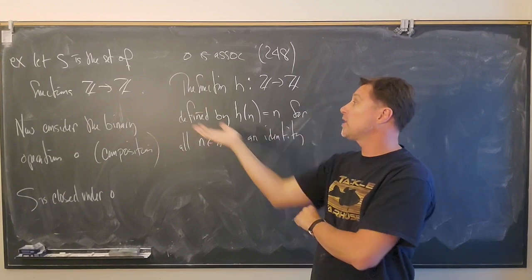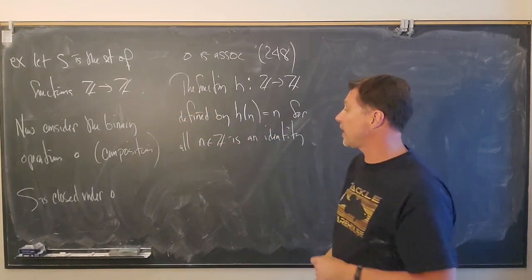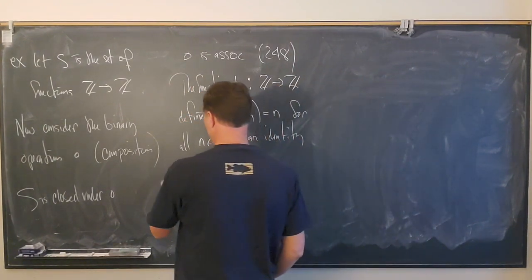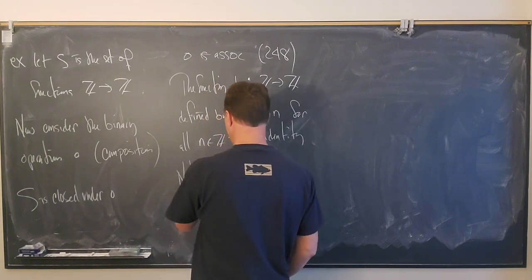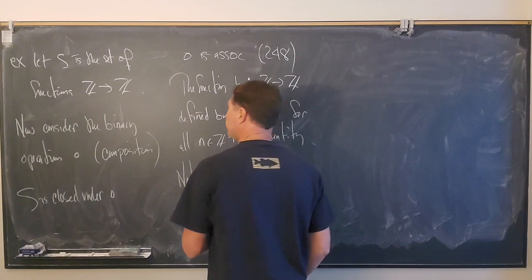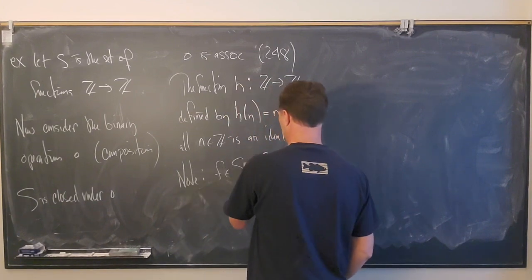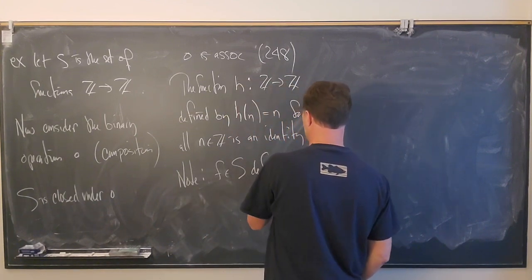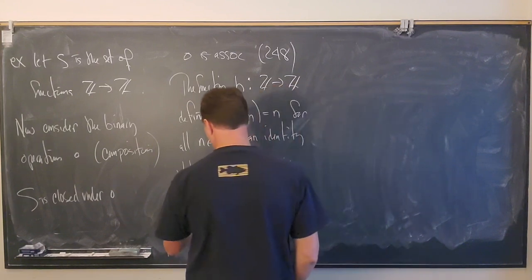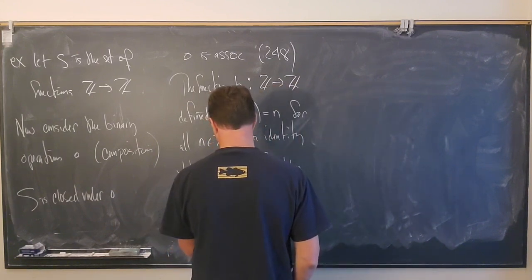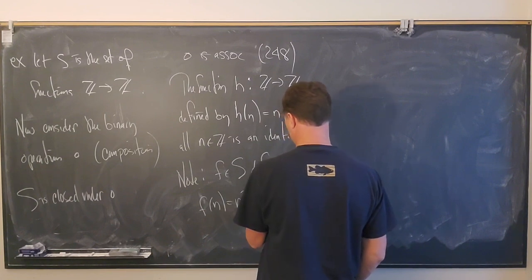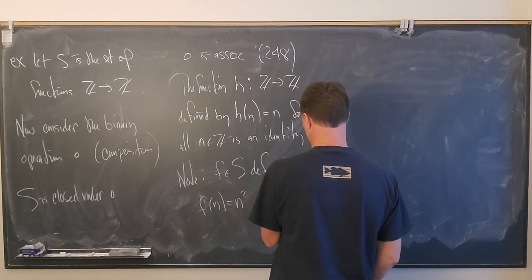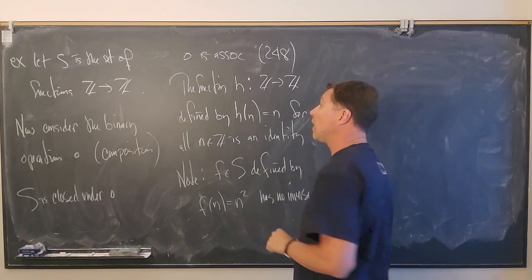So as soon as we have a function that's not a bijection, let's say, note that the function f in capital S, defined by f of n equals n squared, has no inverse. So what do we know here?